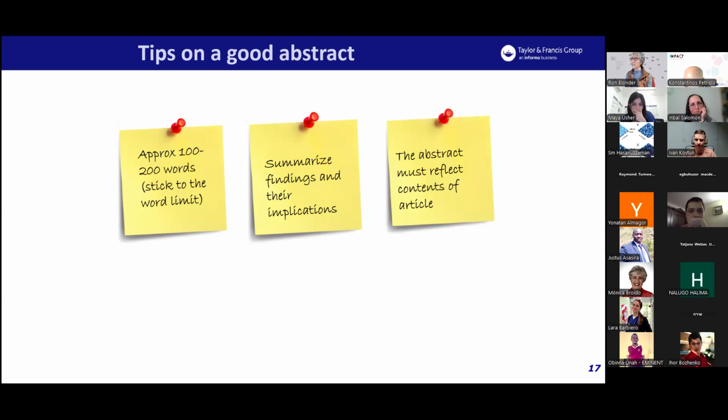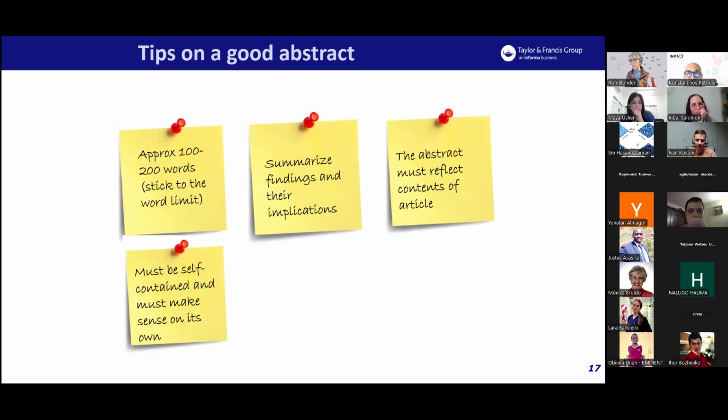Try to include as much as you can in the abstract to reflect the paper and to be self-contained. Self-contained means that in a lot of places, only the abstract is published, in all kinds of search agencies, things like this.